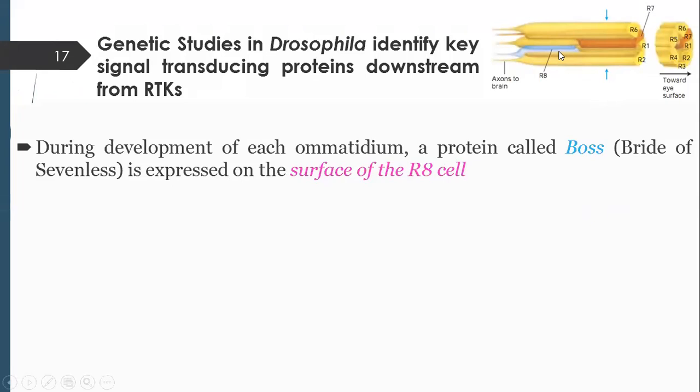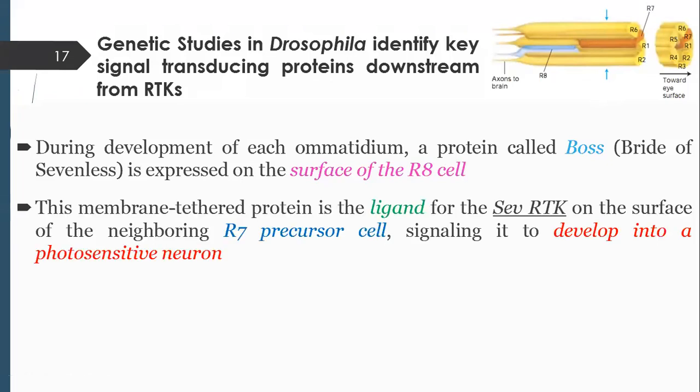So that those will be ligands for the SEV on the R7. So this membrane tethered protein is the ligand for the SEV RTK on the surface of neighboring R7 precursor cells. So that will signal it to develop into a photosensitive neuron. So इसने इसको photosensitive neuron में convert कर देना है.